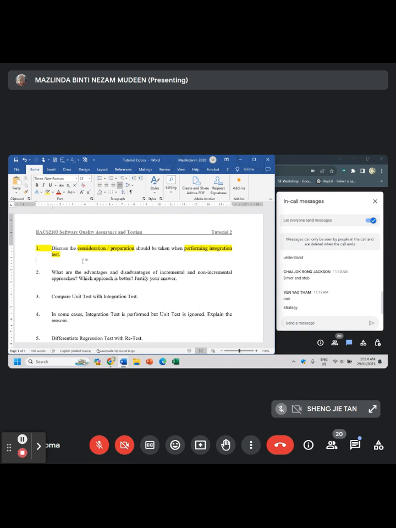Since here we want to make modules become a system, do I need to consider whether individual unit tests have been conducted, whether individual module tests have been conducted? Can it be part of the consideration?